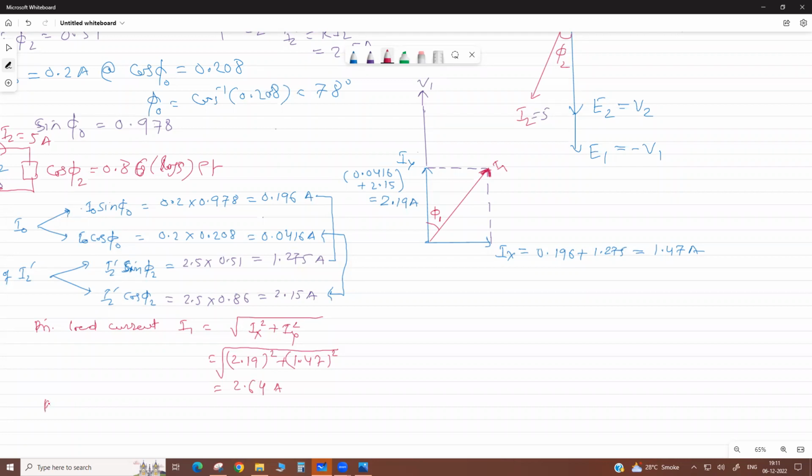Okay, then the primary power factor, cos phi 1.